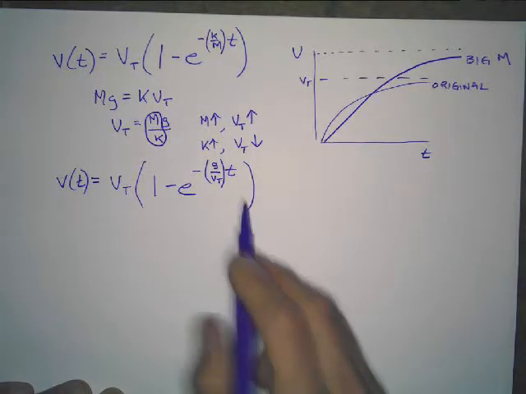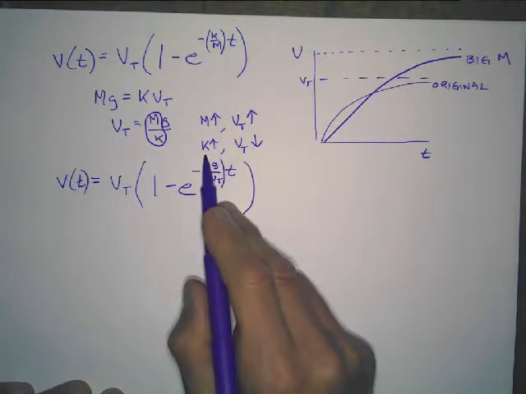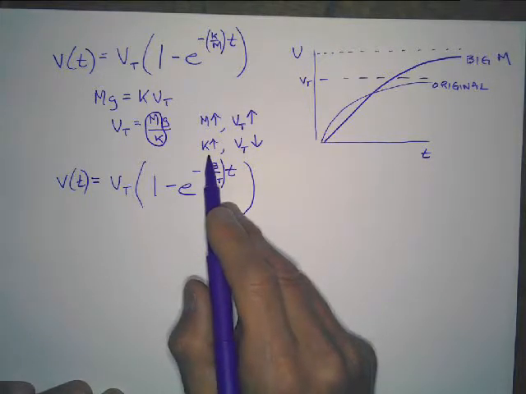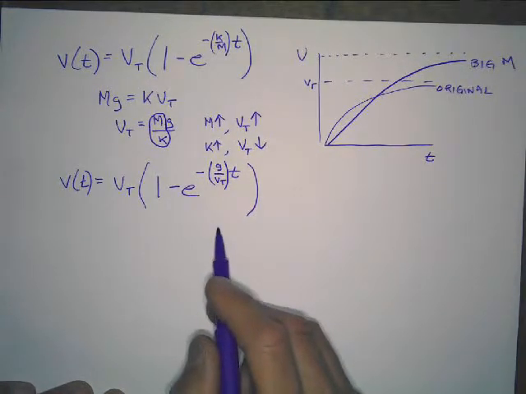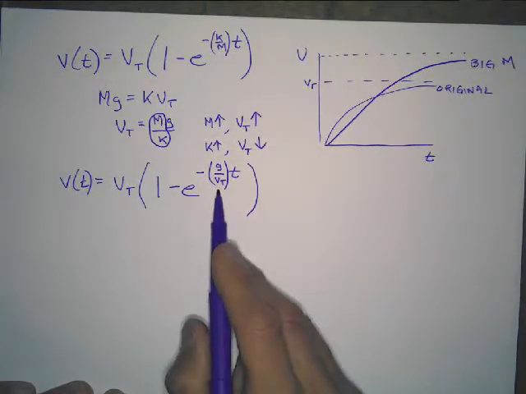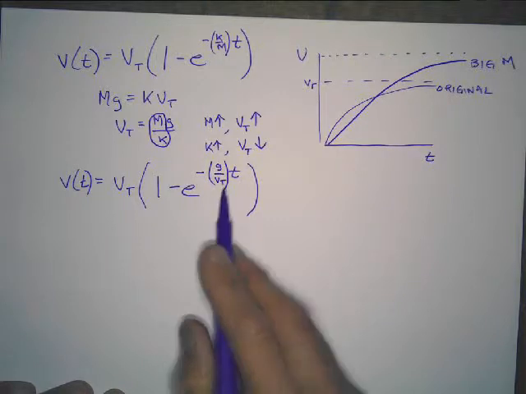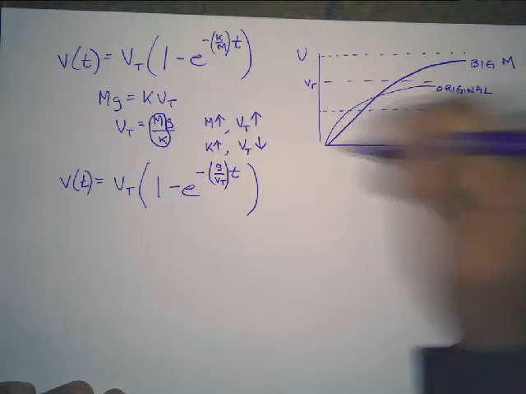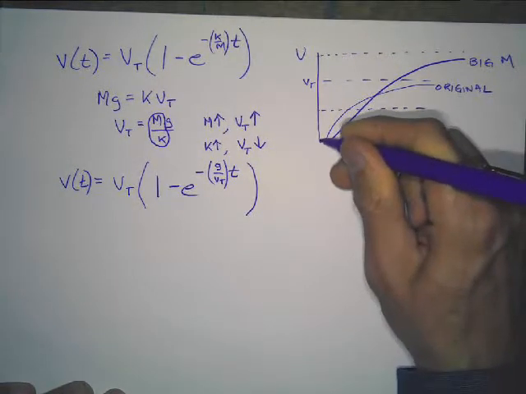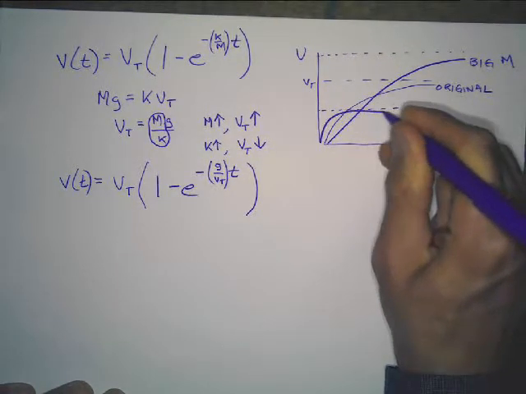If you look at the other case, what if you use a drag force which has a lot more resistance? Well, the effect there is going to be to reduce the terminal velocity, and it's also going to allow the object to reach that terminal velocity faster. So what's going to happen in that case is something like this.